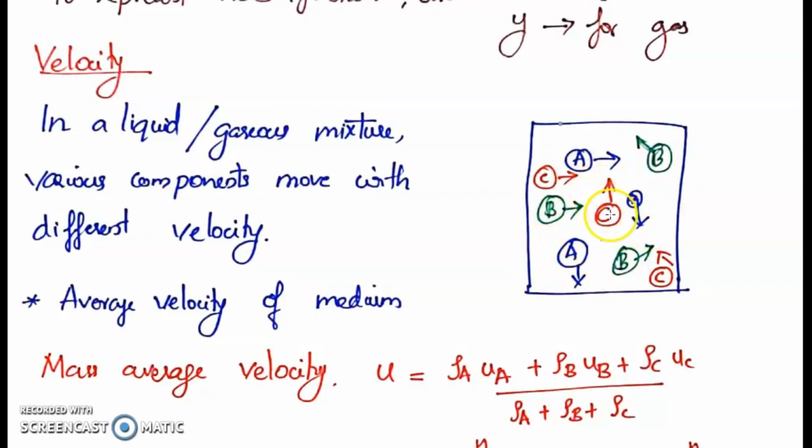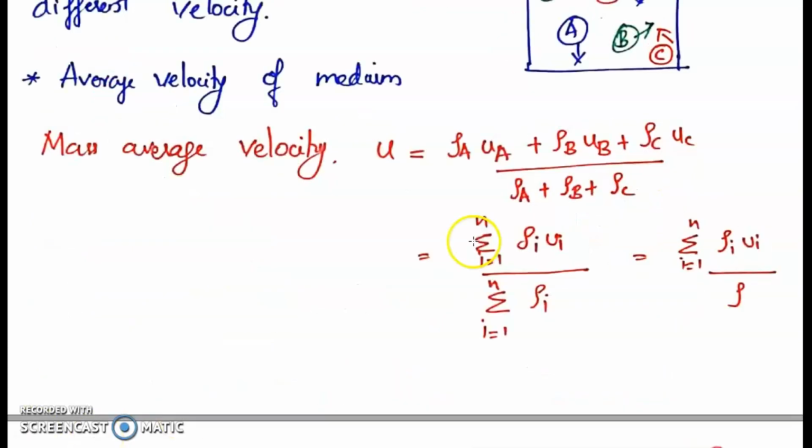All the A molecules will have the same velocity, let's say with reference to kinetic theory. Similarly, I know the velocity U_B of B alone. Similarly, U_C, and rho_A, rho_B, and rho_C are the mass concentrations of the different components.